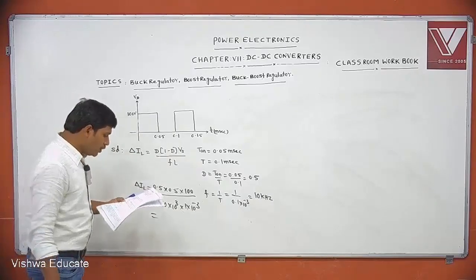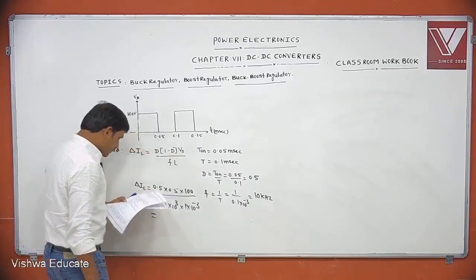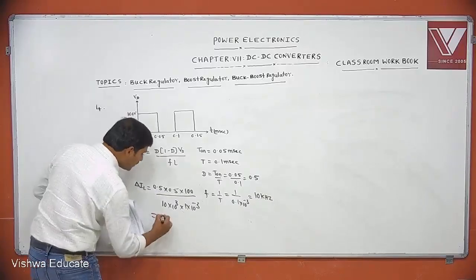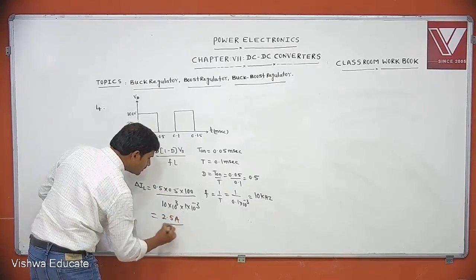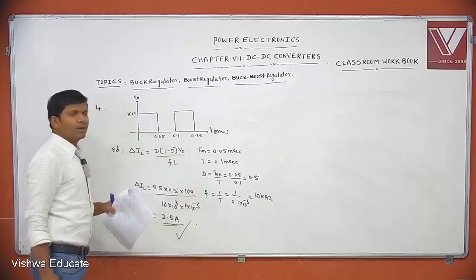Simplifying this, we get 2.5 amperes. This is the peak to peak ripple current.